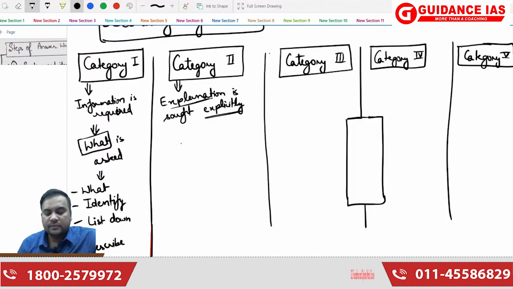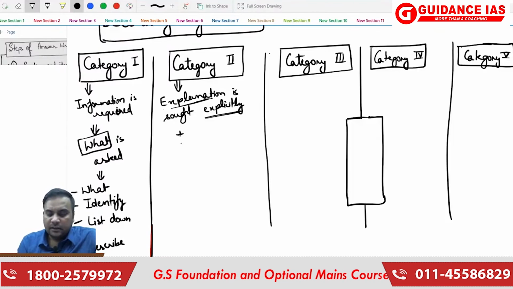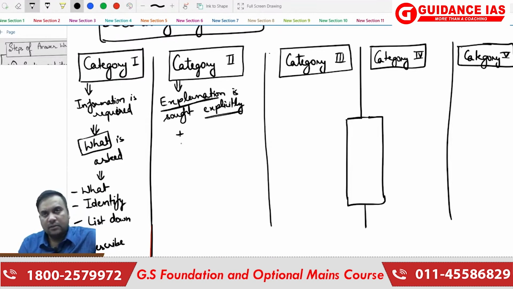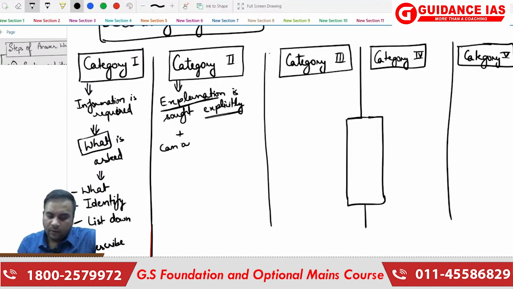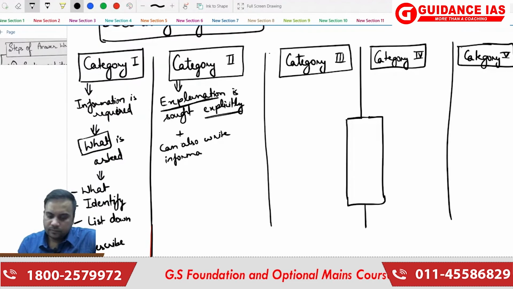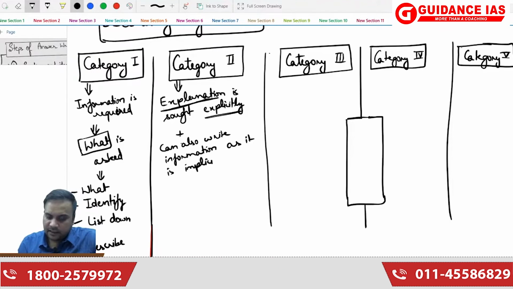But can you understand that if you have to explain something, depending upon the theme, the primary keyword, you can also write information as it is implicitly asked.